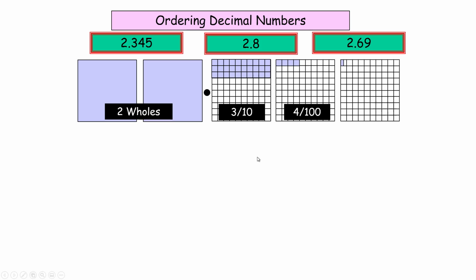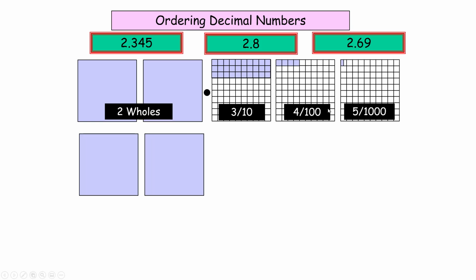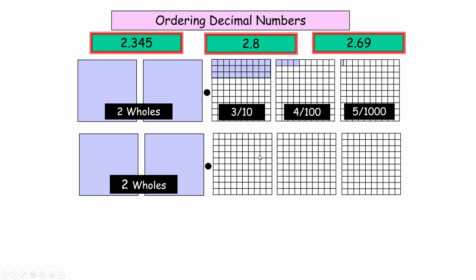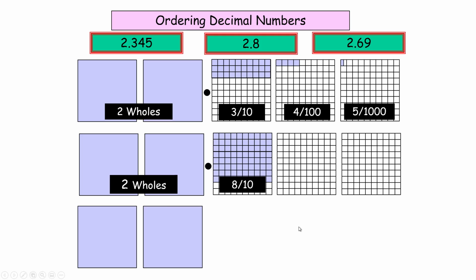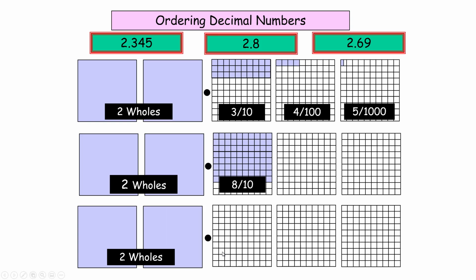So let's sketch the next one. I've got 2 wholes again and 8 tenths. I've got nothing in these other grids, and for my final number I've got 2 wholes, and then I've got 6 tenths and 9 hundredths.